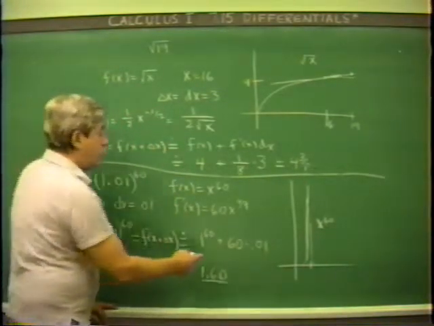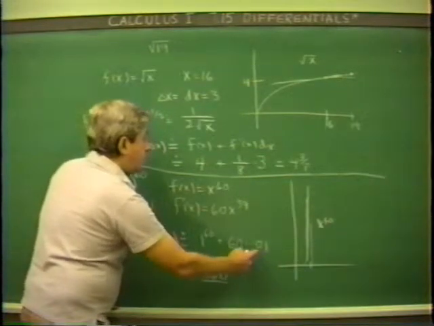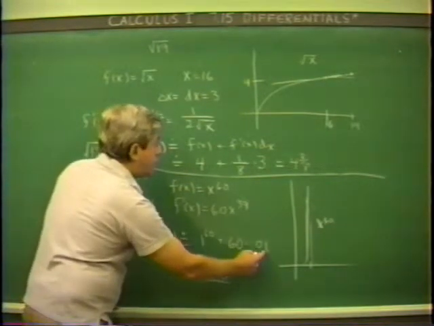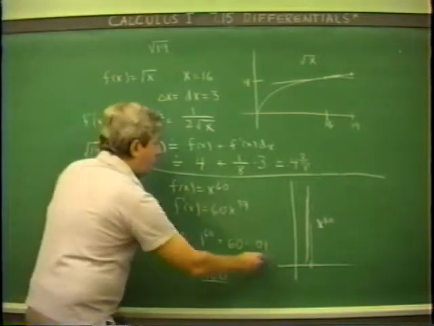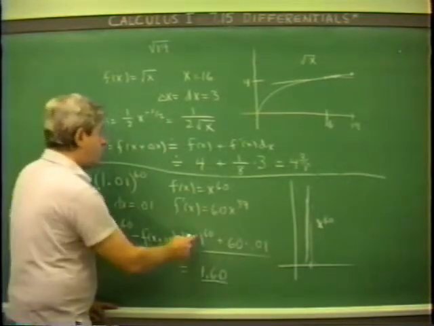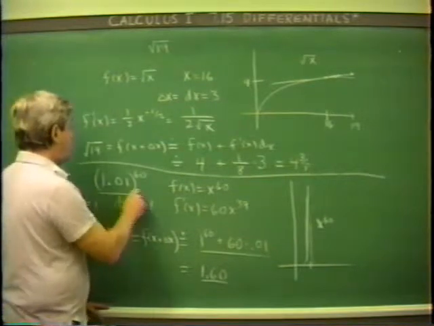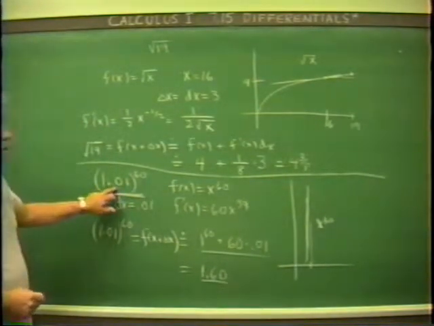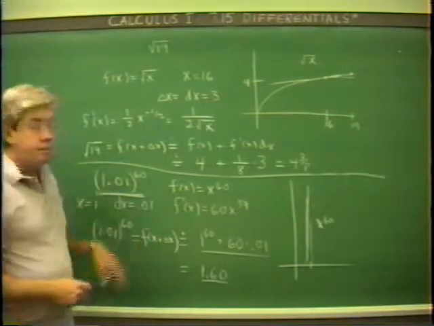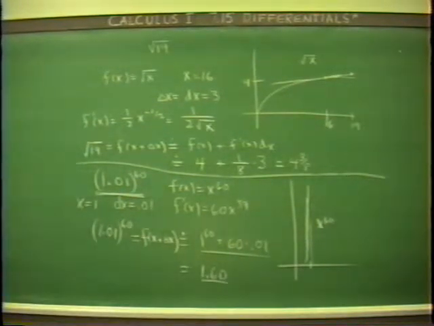This approximation is a straight line approximation on the tangent line, and what it amounts to is computing this as if you had received simple interest of 1% on your dollar 60 times. So you can see that the linear approximation here is simple interest, and it's the approximation to compound interest. This compound interest is clearly going to be a little larger.